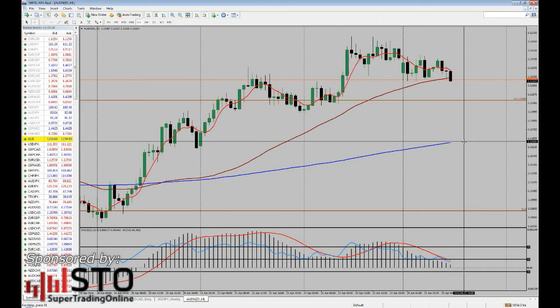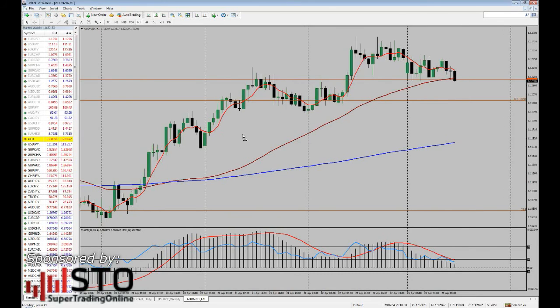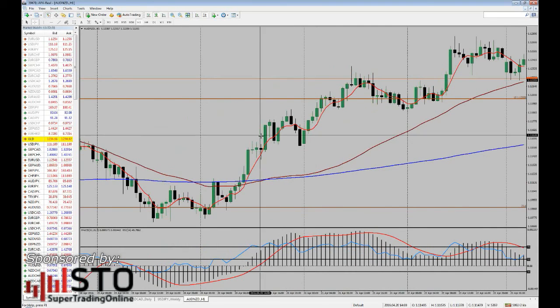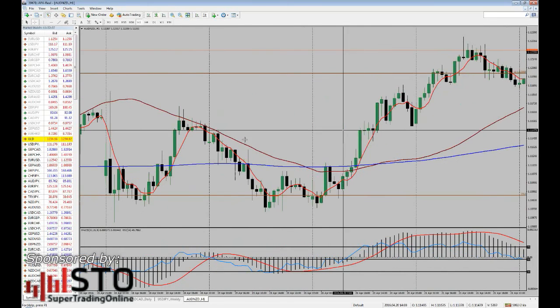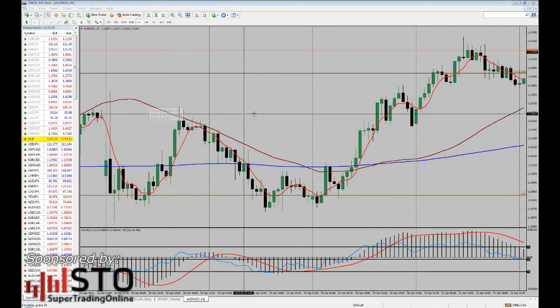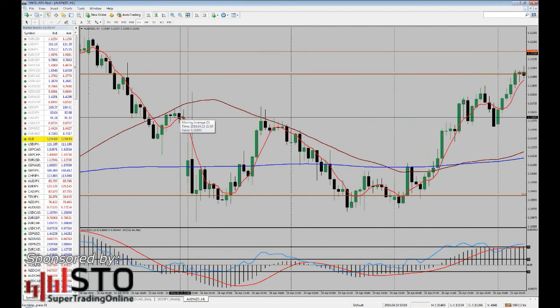But my main target for this pair for the intraday time frame would be at the 1.1155 level, which is also justified by the support resistance level over here. The previous week's gap also justifies it as well.